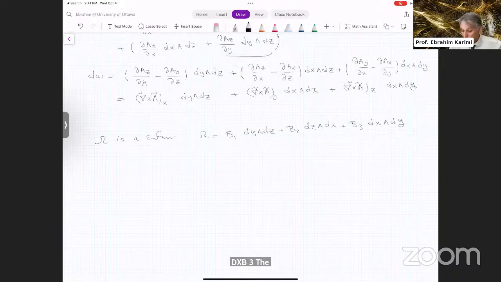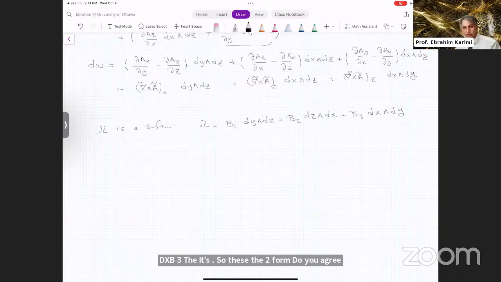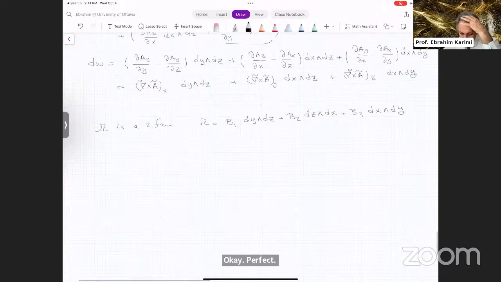So these are the two forms. Do you agree, guys? These are one of the examples of the two forms. Questions? No question. Is that clear? Okay, perfect.